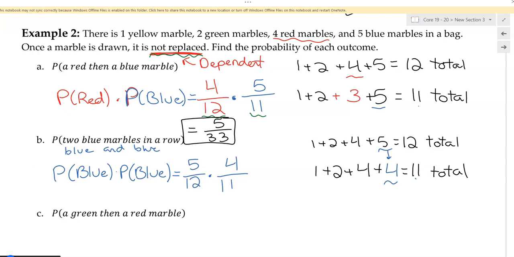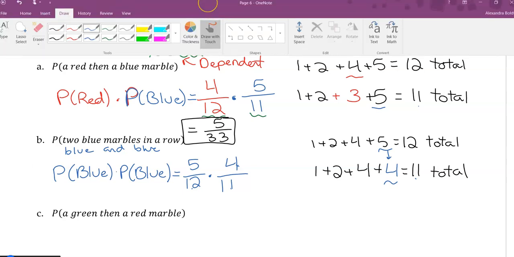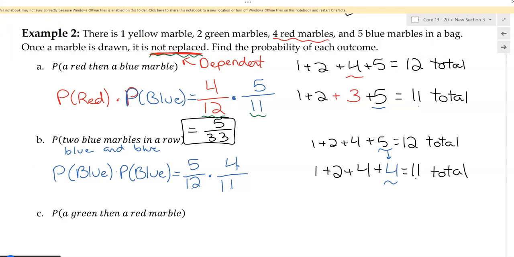In this one, right, this went down too. Our total changes, but the number of blue changed because that 5th blue marble is in my hand. It's no longer in the back. This is also 5 out of 33. Same answer. That's fun.